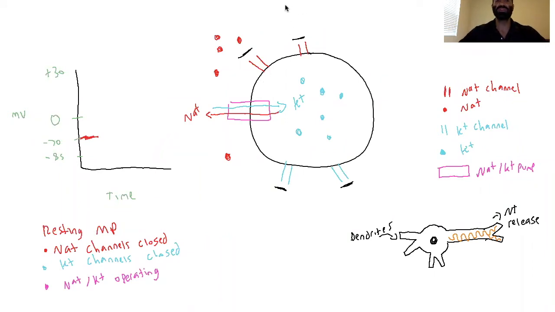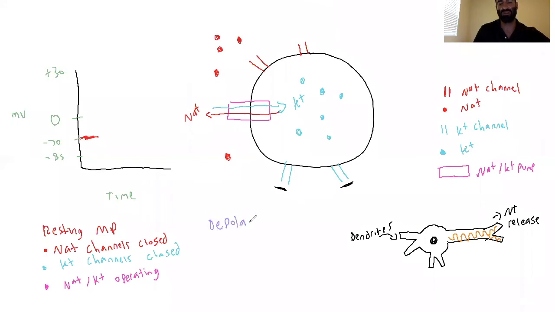But what if we take the gates off the sodium channels? Well, guess what? We have a very steep concentration gradient of sodium outside and potassium inside. So what's going to happen is the cell is going to go through the second stage, which is called depolarization. It's going to reverse polarity.